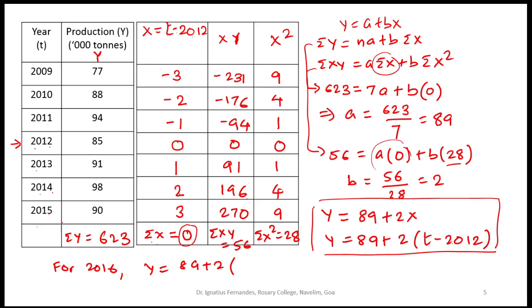The x value for 2016 will be equal to 4, the next value here. So it will be 89 plus 2 into 4, that is 8, that is equal to 97. So I've used these equations in estimating the production for 2016. So this is how we find the equation of a line by using the method of least squares.